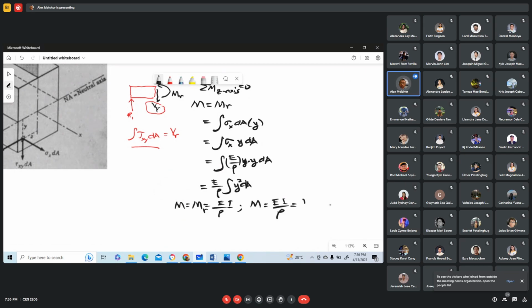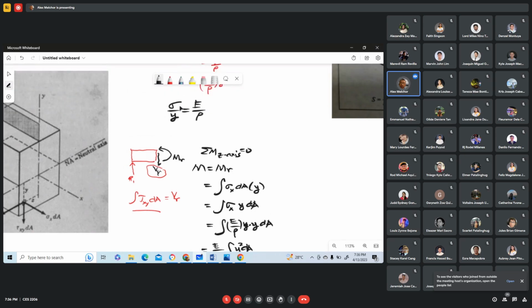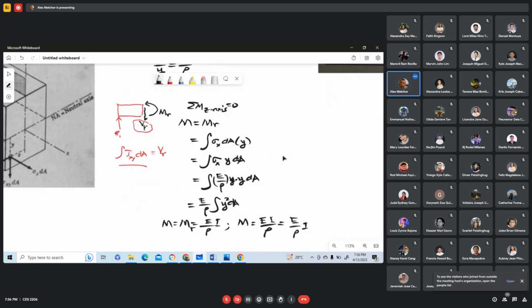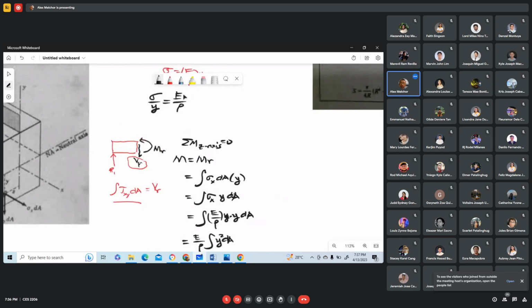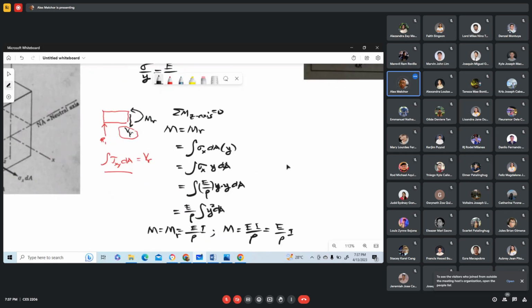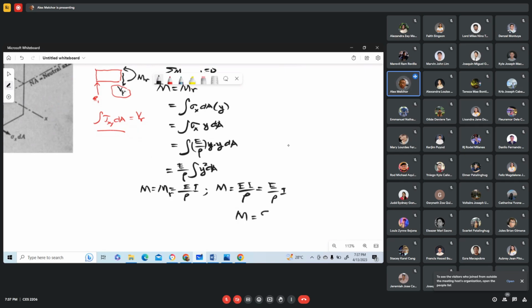So this is equal to E over rho times I, but our E over rho is equal to sigma over y. So the equation now becomes E over rho is sigma over y. Okay? So this is equal to sigma over y times I. So solving for the stress, that will give us My over I.